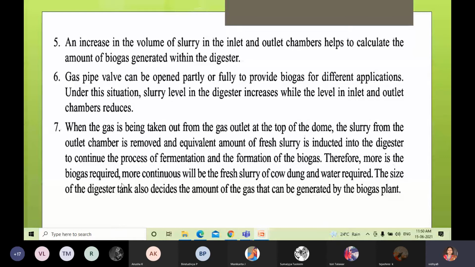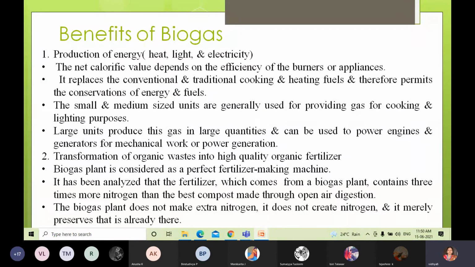Therefore, the more biogas required, the more continuous fresh slurry of cow dung and water is required. The size of the digester tank also decides the amount of gas that can be generated by the biogas plant. This is the working of a biogas plant.